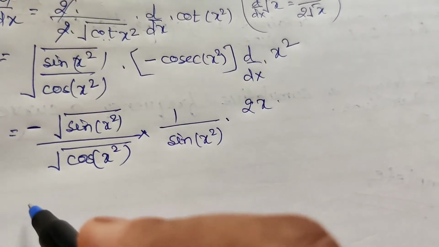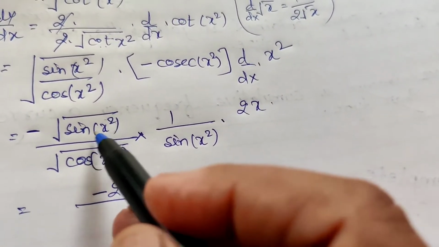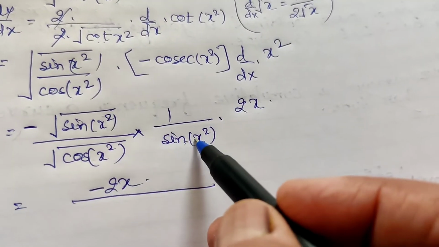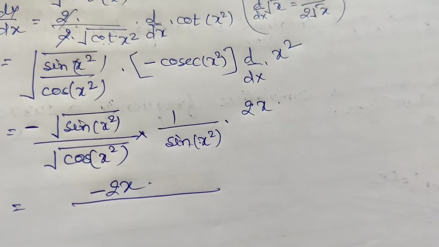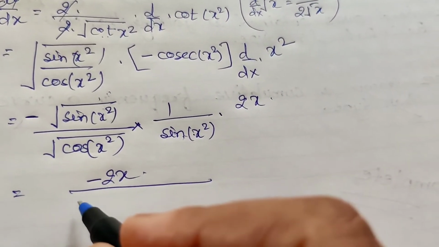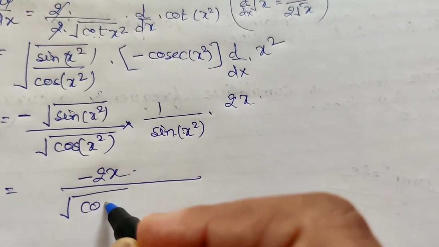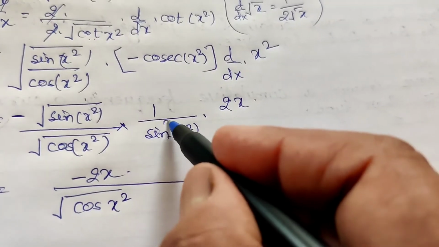Now minus 2x, and add the power. Here it is 1, so it is 1 minus 1 by 2, that is 1 by 2. You can write under root cos x square, it is sin square.